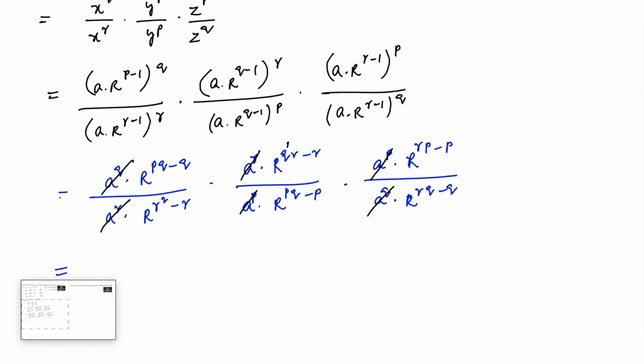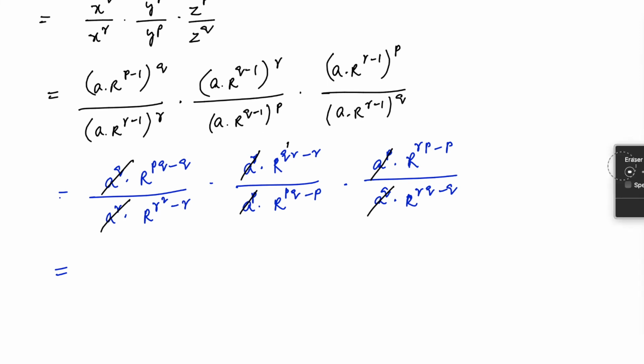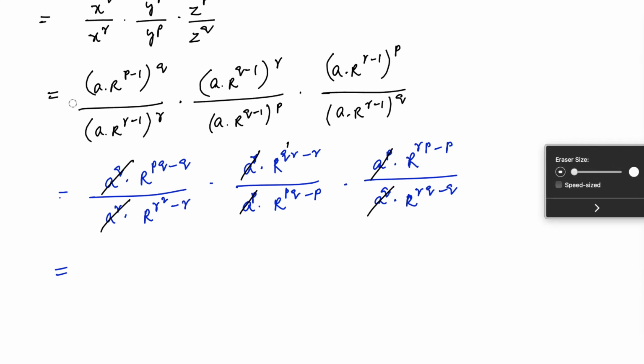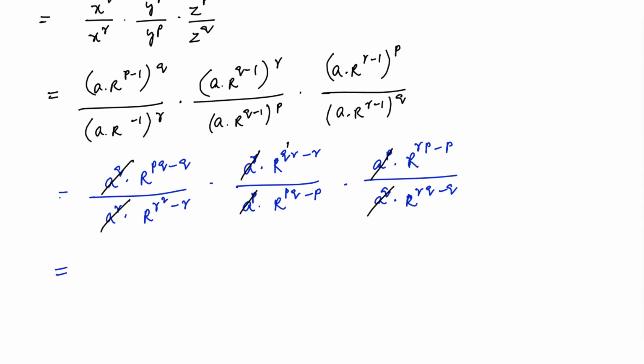Sorry, this is a small correction. Here it is p, p minus 1. So we can write here pr minus r.